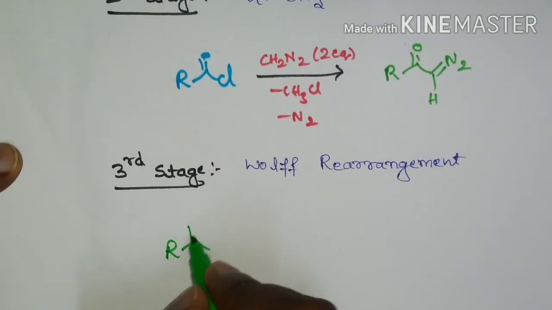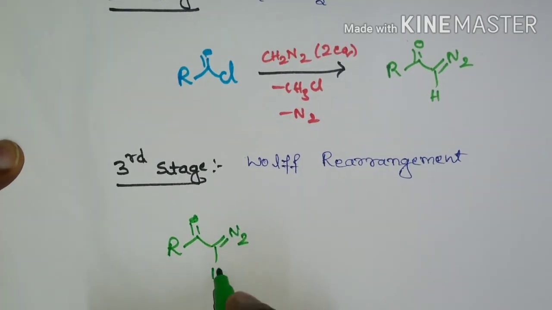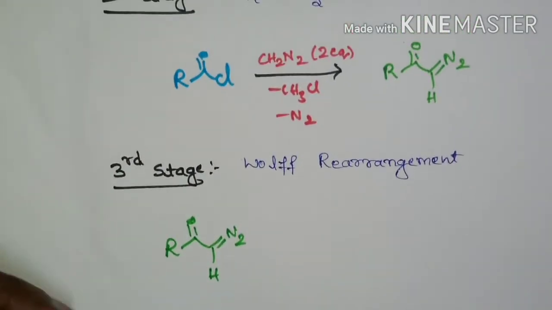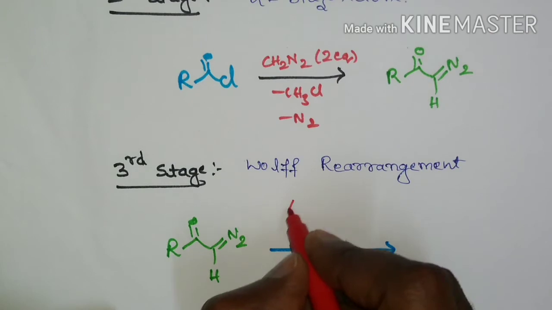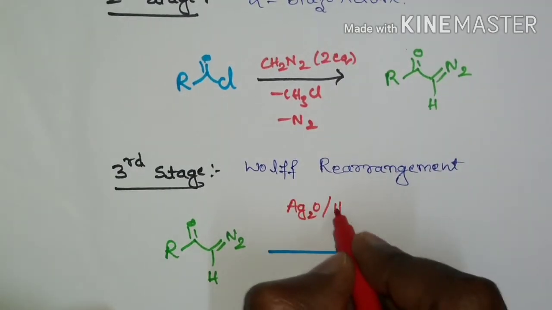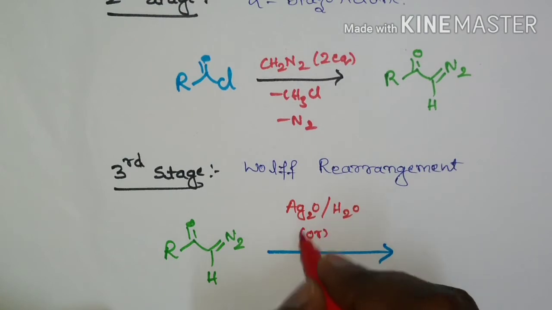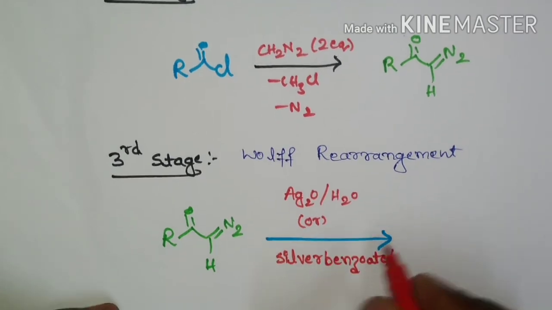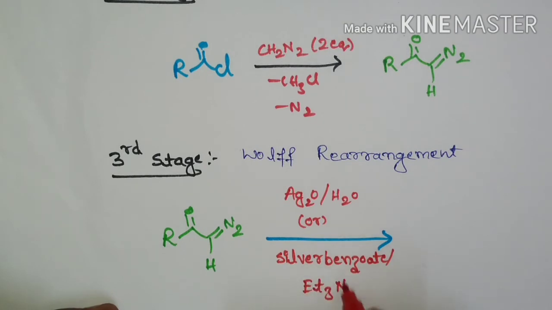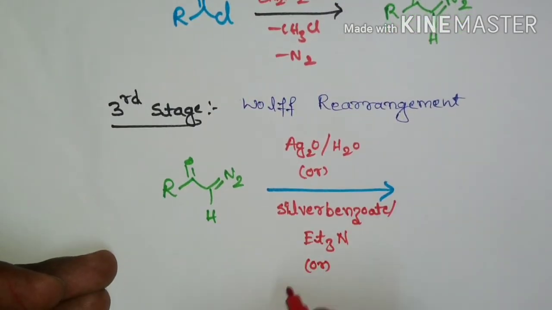The alpha diazo ketone will undergo Wolff rearrangement in the presence of a catalyst like silver oxide and water, or silver benzoate in triethylamine, or it can also be catalyzed thermally or photochemically.